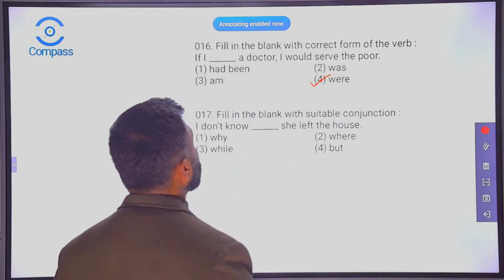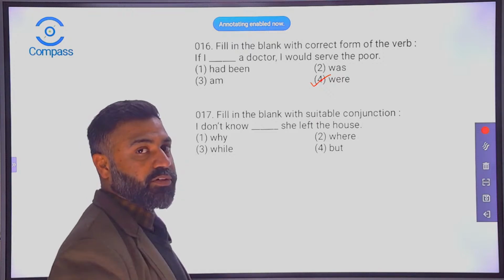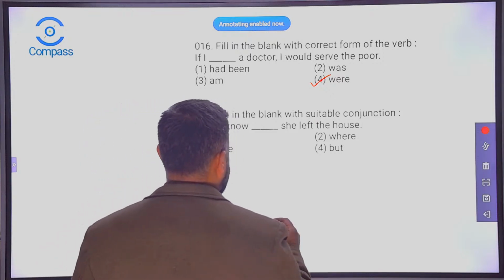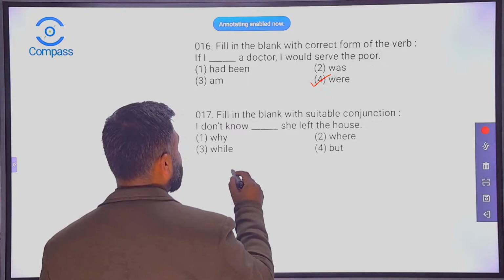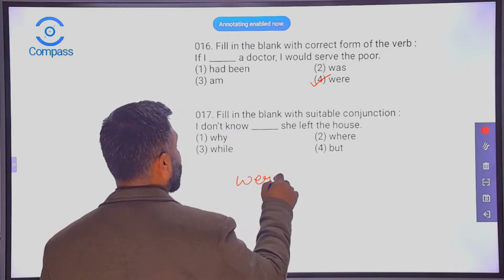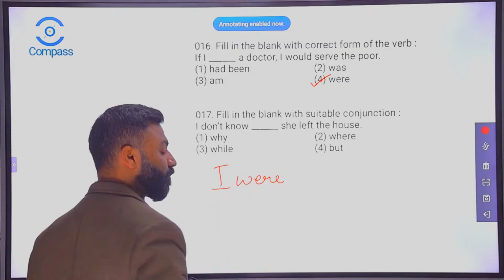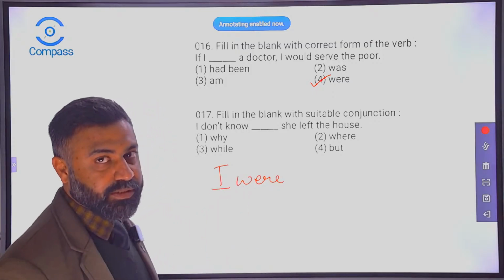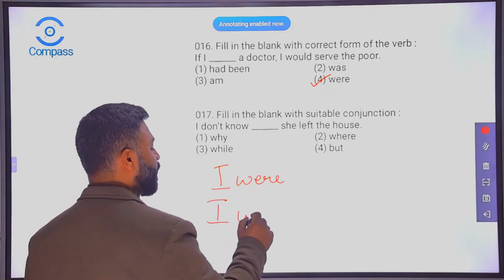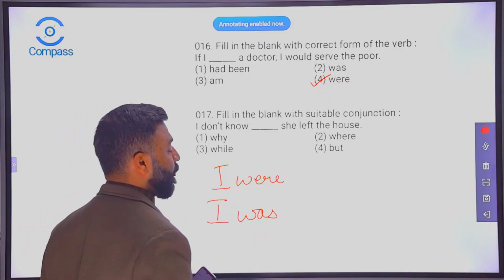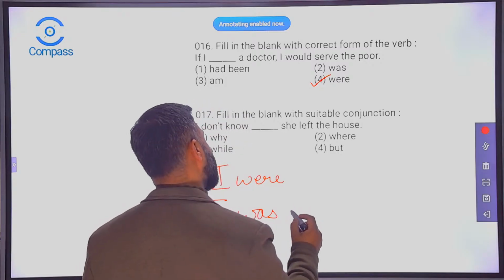If I were a doctor, I would serve the poor. Now, you must be thinking about why have we used were with I, isn't it? Right? Because usually we do not use it. We always use was. I was, you know, playing.